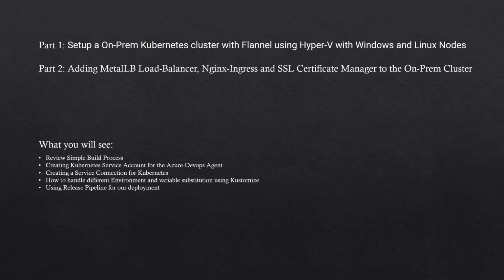In this part, we will see how to deploy an application to our on-prem cluster using Azure DevOps. First, we are going to review one simple build process for a sample application. Afterwards, we will see how to create the Kubernetes service account and configure the service connections for Azure DevOps.